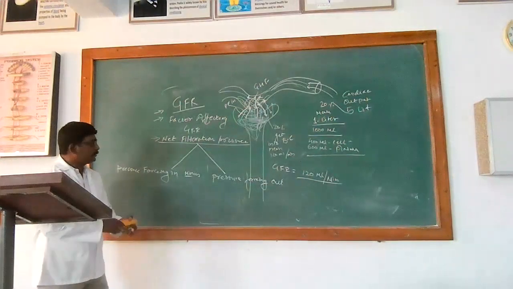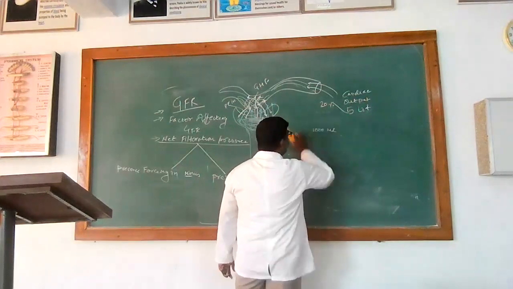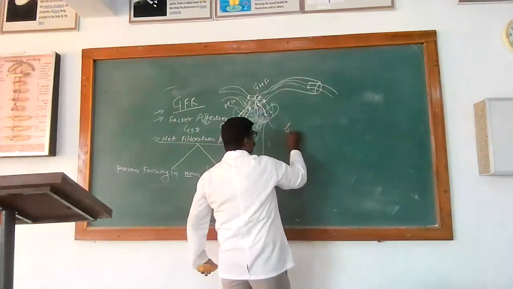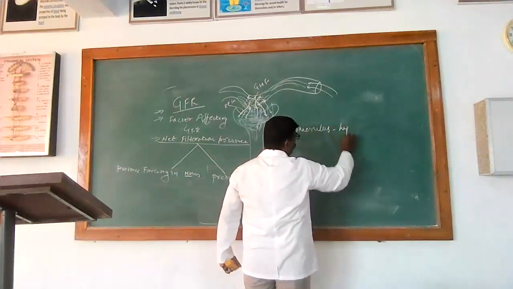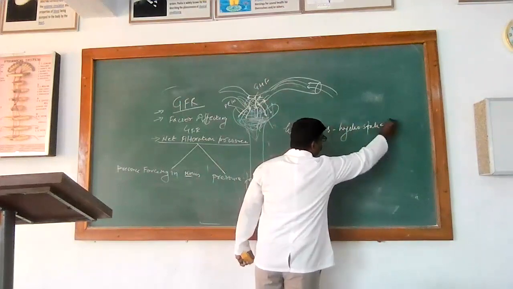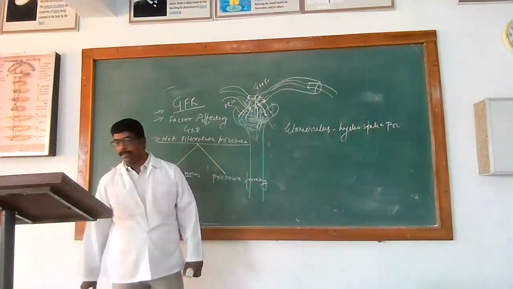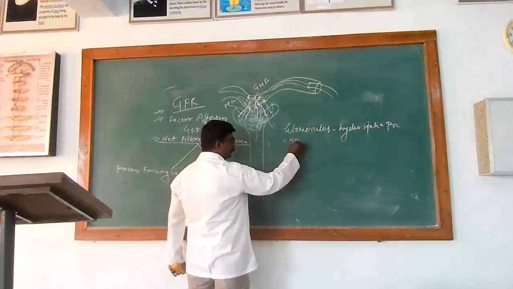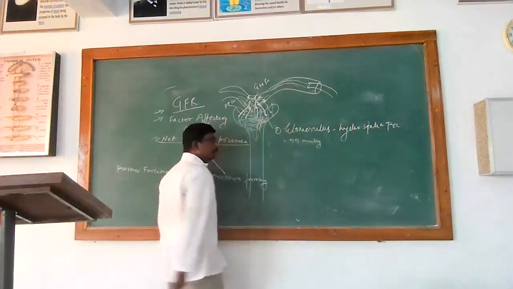How much is this glomerular hydrostatic pressure? Glomerular hydrostatic pressure is equal to 55 millimeters of mercury. Number one.